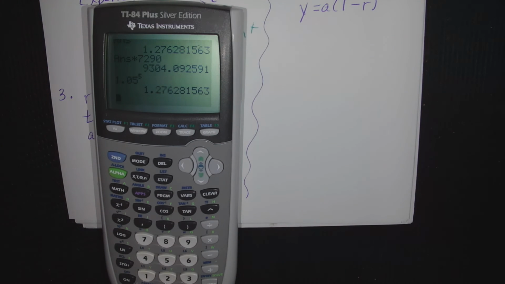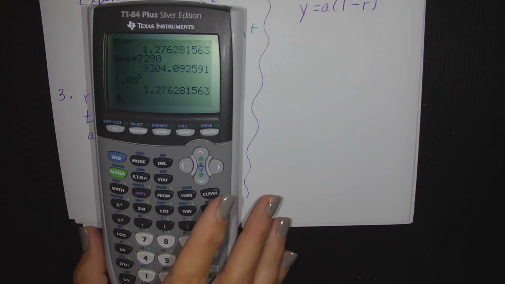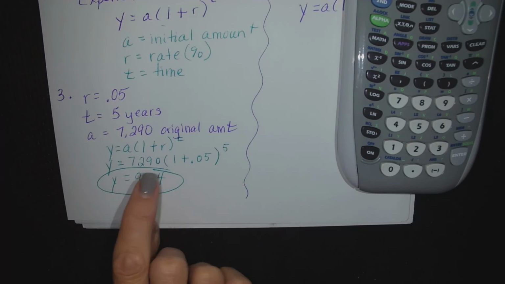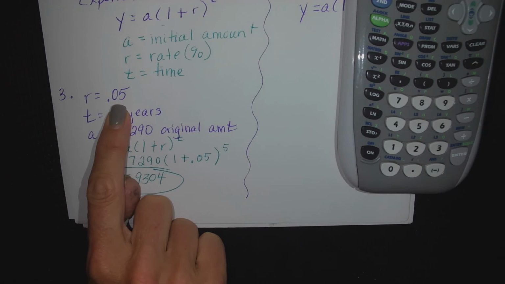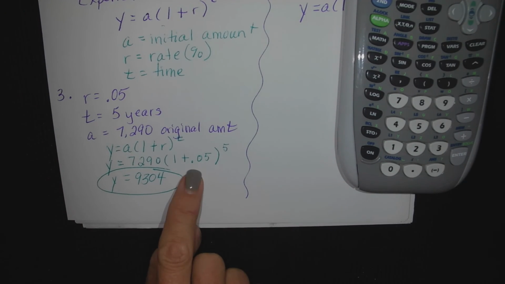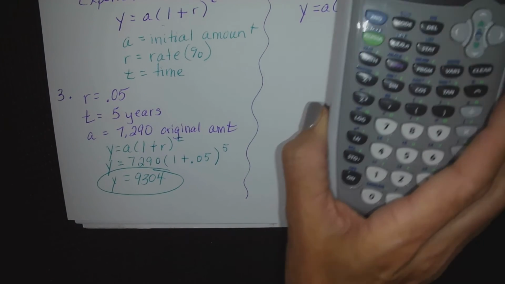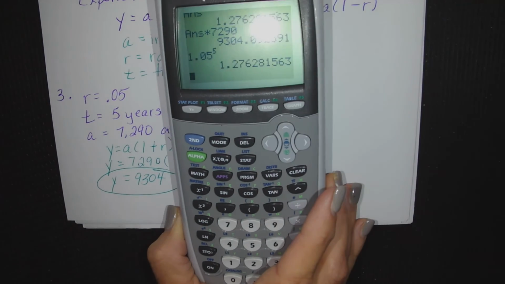Oh, when I did 1 plus 0.5, I got 1.5. No, it's 1.05. 5% as a decimal is 0.05. Oh, plus 1. Plus 1. Okay. Yeah, make sure we can get it.